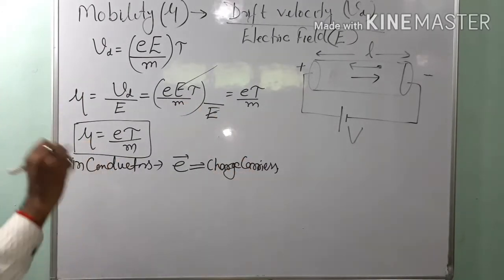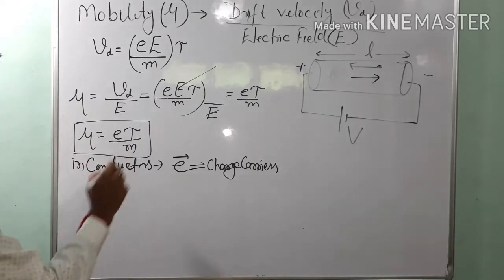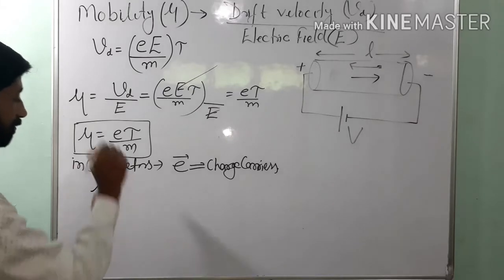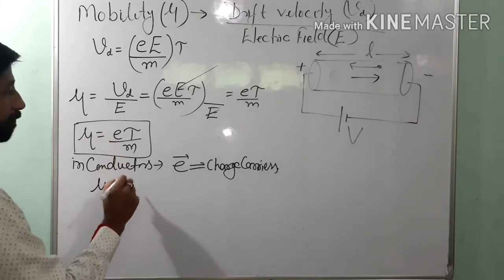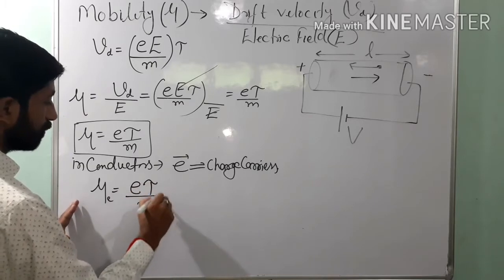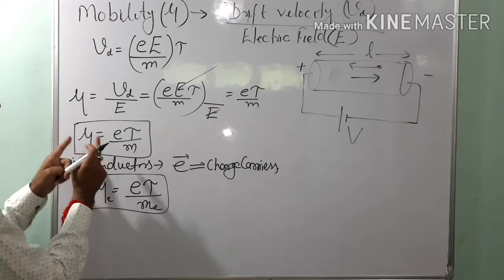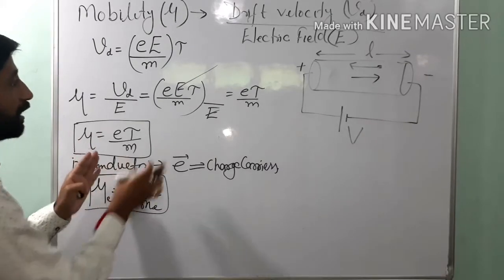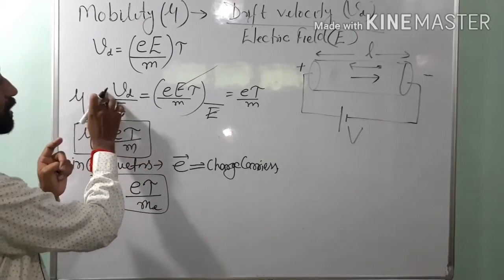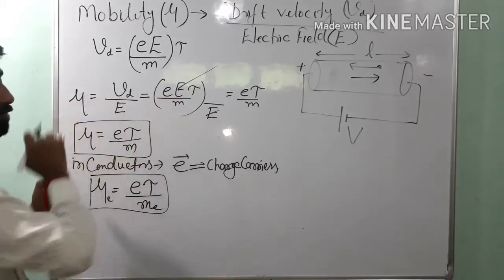We shall simply use subscripts to show the particular notation, that is mu of electron is equal to small e tau over mass of electron. That's it. This is a general expression for the drift velocity of electrons taken into account and the electric field applied.